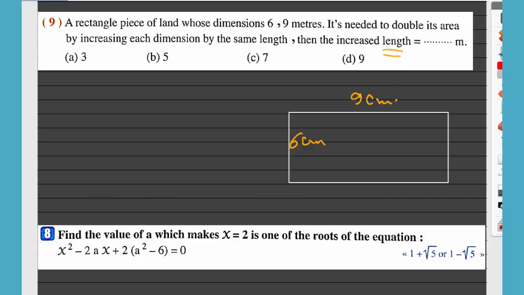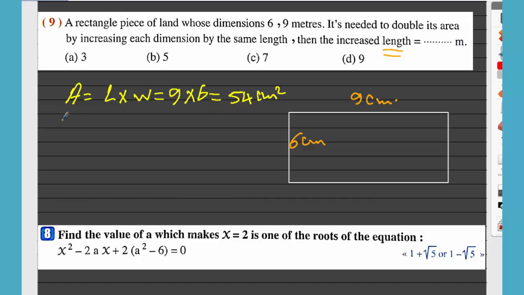So let us solve it. Now, the original area A, as I said before, equals length multiply width, equals 9 multiply 6, which equals 54 centimeters squared. It is needed to double this area.